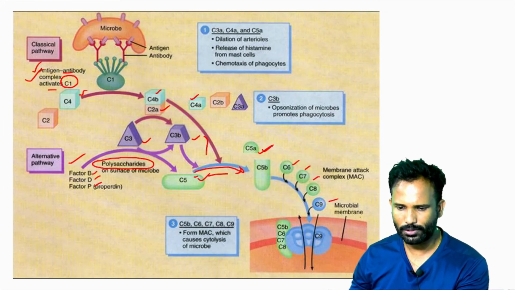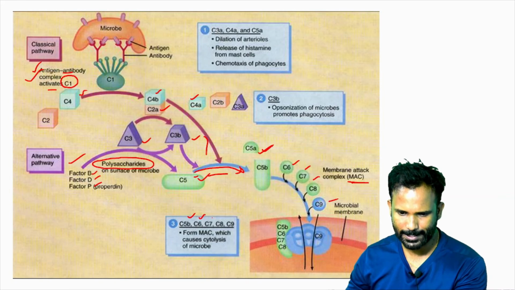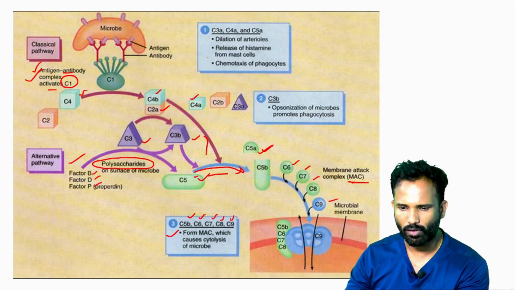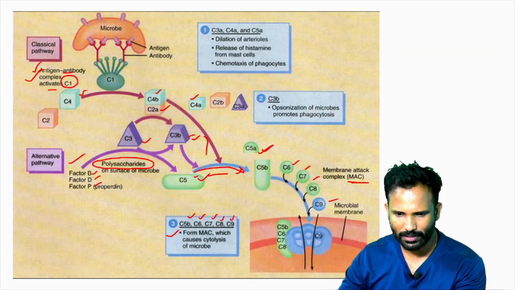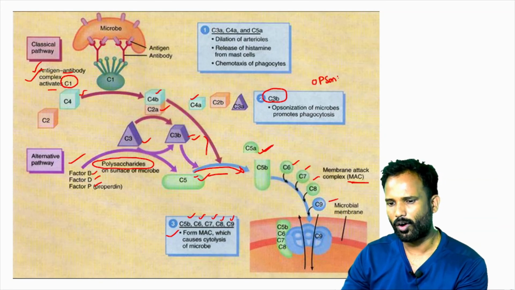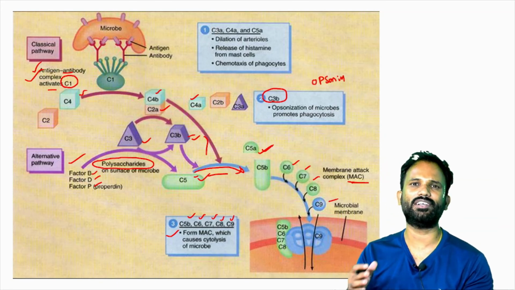All together they will form the membrane attacking complex. So C5b, C6, C7, C8, C9 form the membrane attacking complex that lyses the cell. Or in between we have C3b, which acts as an opsonin. Opsonin is the substance which favors phagocytosis.